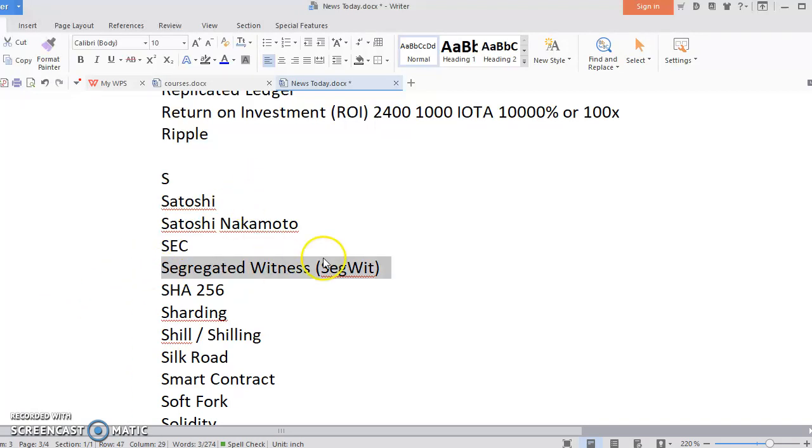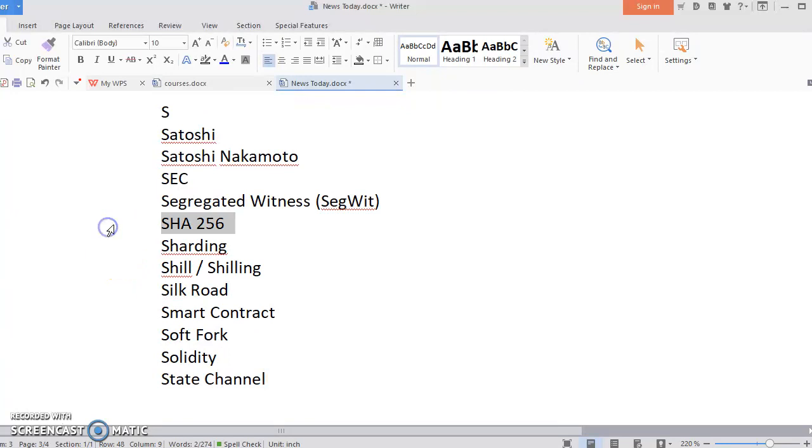Then Segregated Witness is basically a change that was proposed to the Bitcoin network, to increase the block size from 1 megabyte to 2 megabytes to scale up transactions. And then SHA-256 is a cryptographic hash function algorithm.